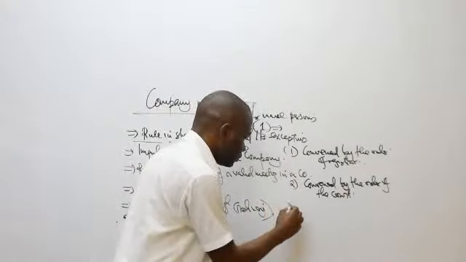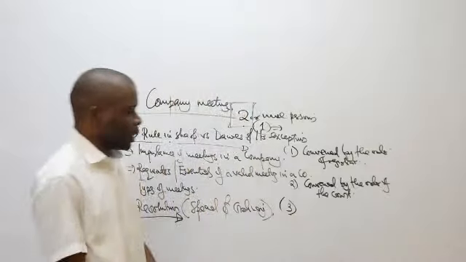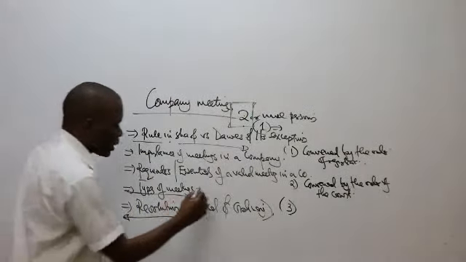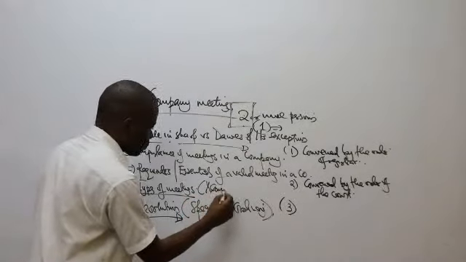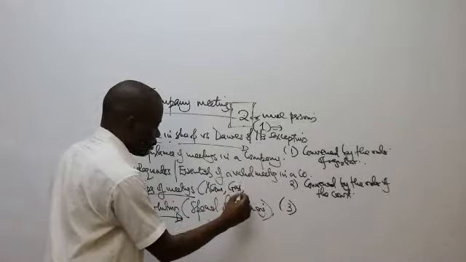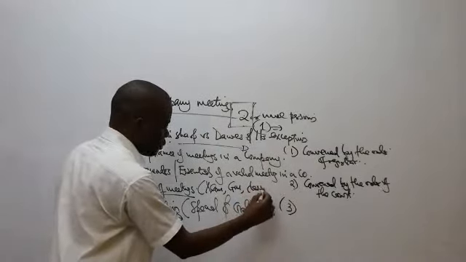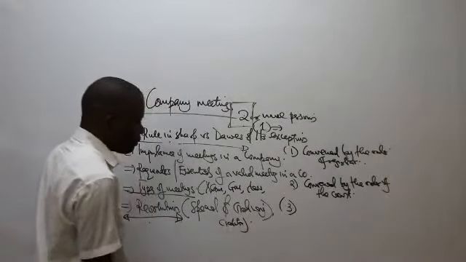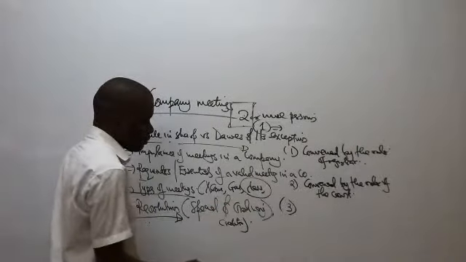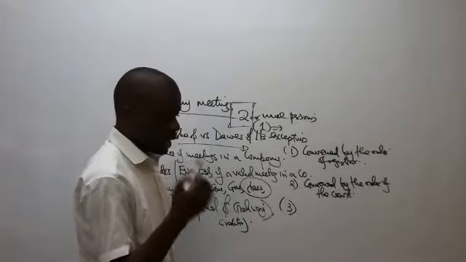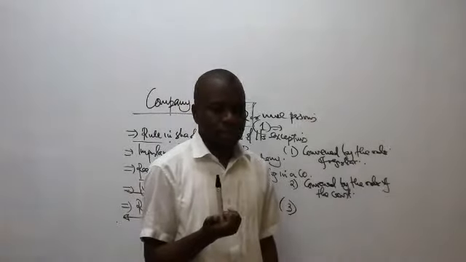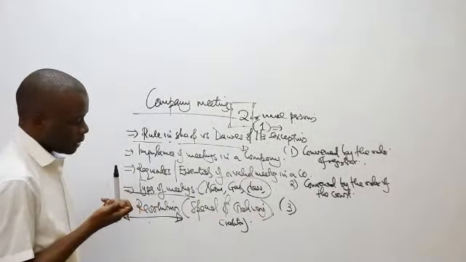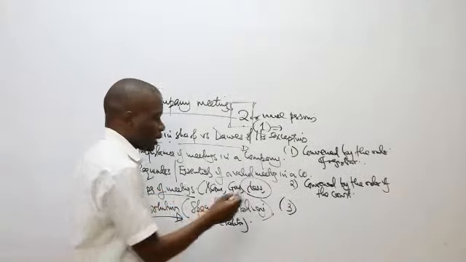Number three, another scenario is, when we look at the types of meetings, we will see that we have an AGM, a general meeting, a class meeting, and a creditors meeting. If it is a class meeting and the shares in that class are held by one person, it will be concluded that he can form a quorum for the class meeting.